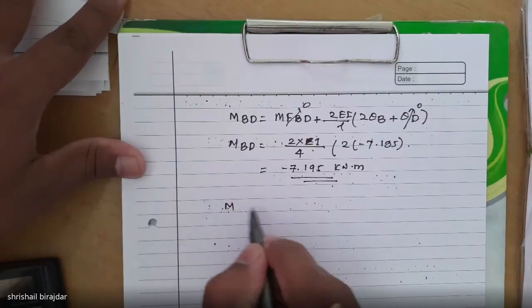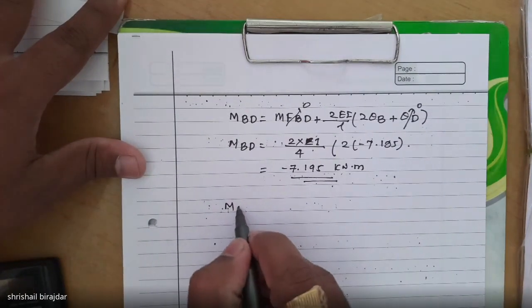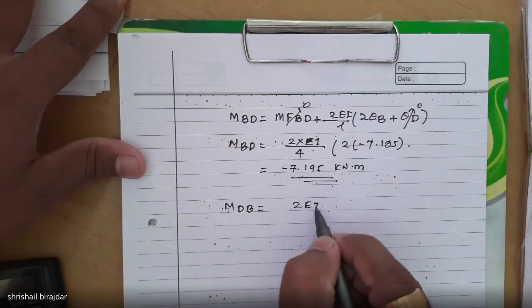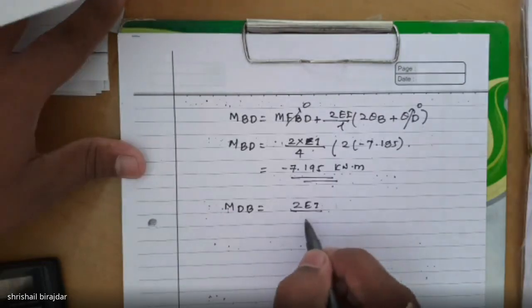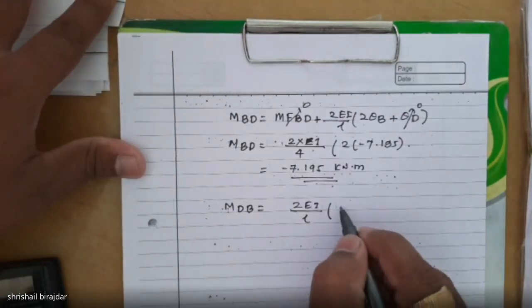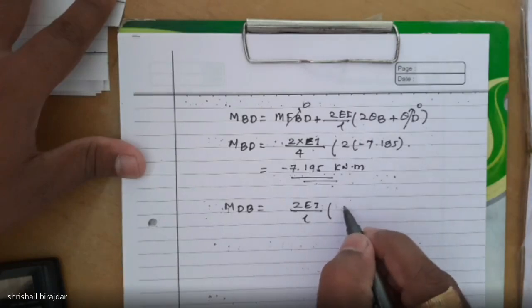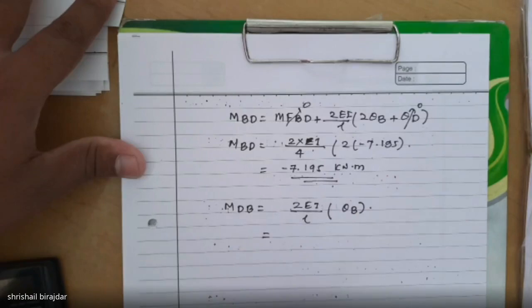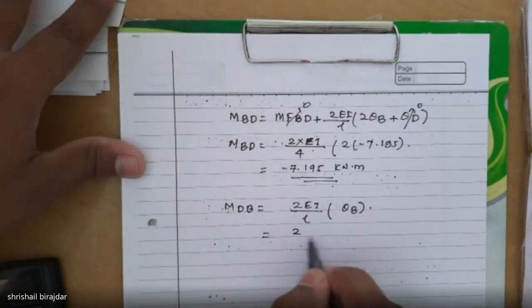Here M dB then, 2 EI divided by L. Already it is 0, therefore I am not considering this, only theta B you should consider here. 2 divided by 4 EI.